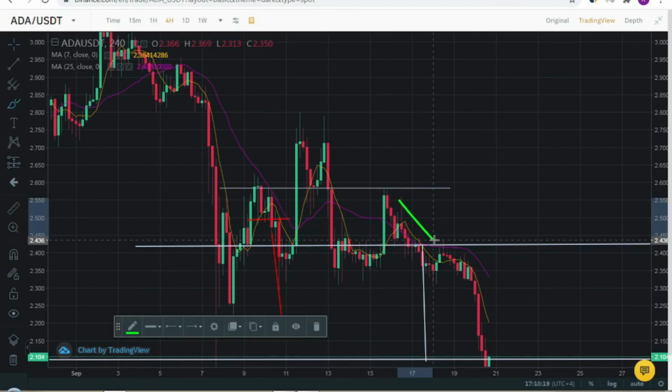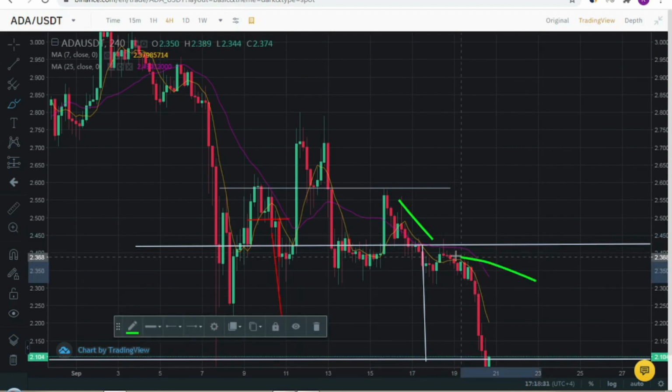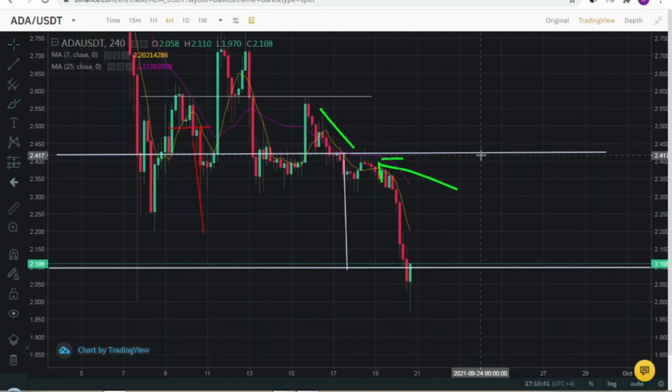This was acting as support. But when we broke that, support will become the resistance. So when we broke this support here, it will become the resistance. This now has become the resistance. This now is the support.